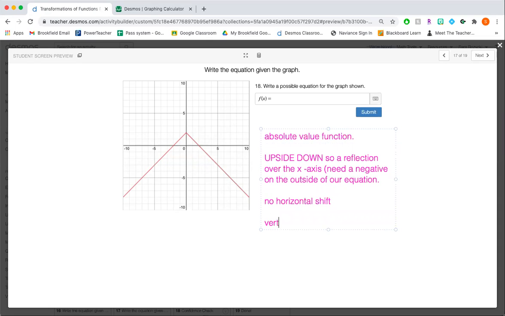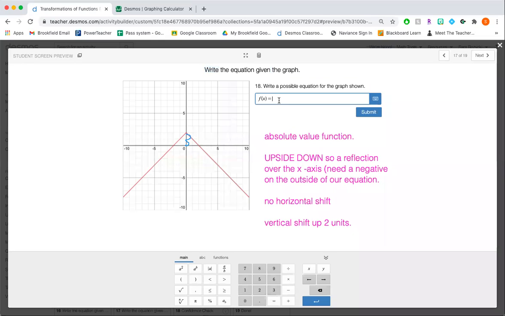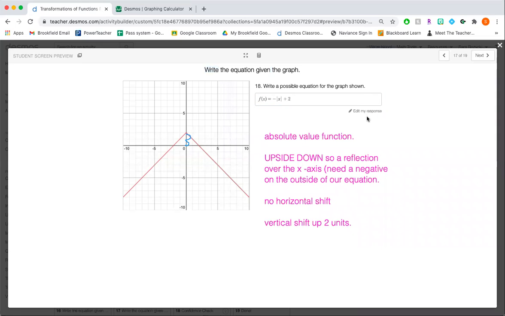But there is a vertical shift, and if I look here, normally the point's at 0, 0. It's shifted up 2 units. So vertical shift up 2 units. So in my equation, I'm going to make this f of x equals negative absolute value of x on the outside of the absolute value bars, plus 2.